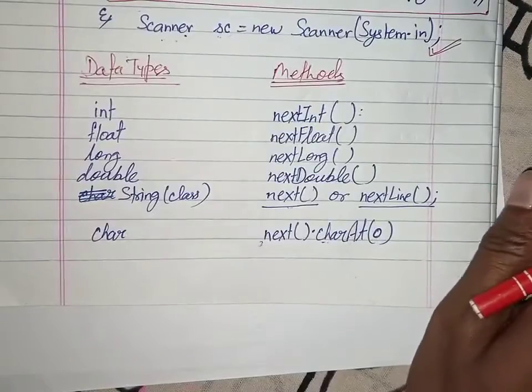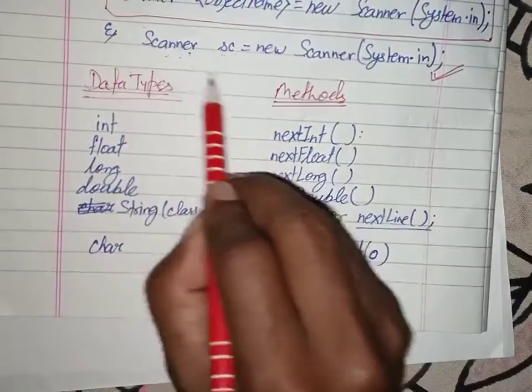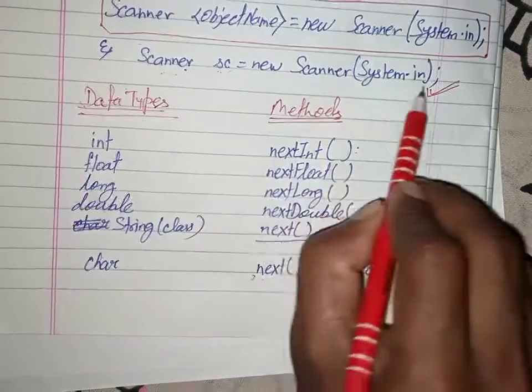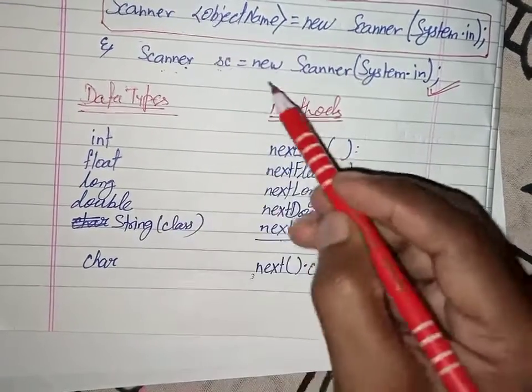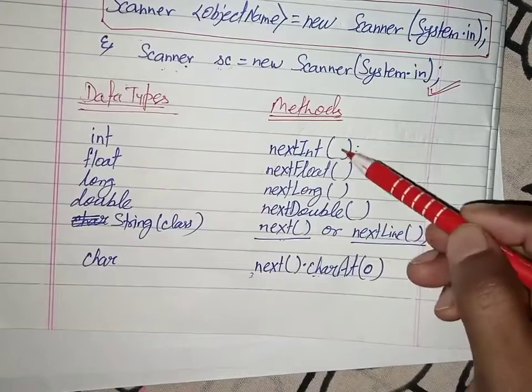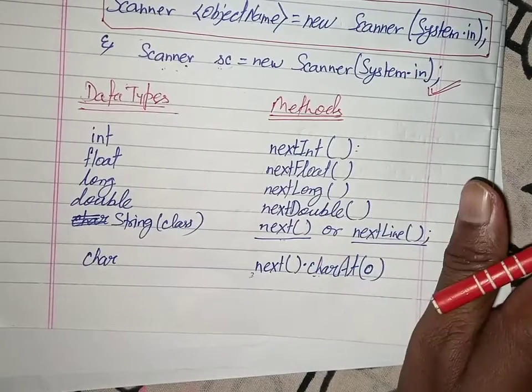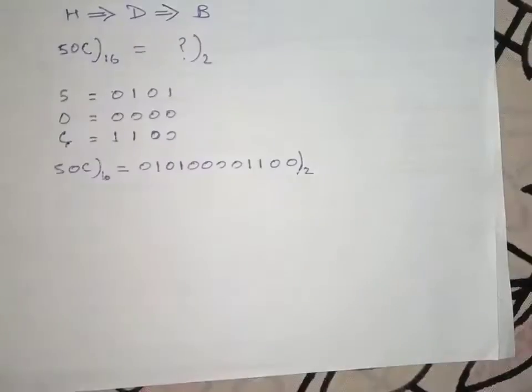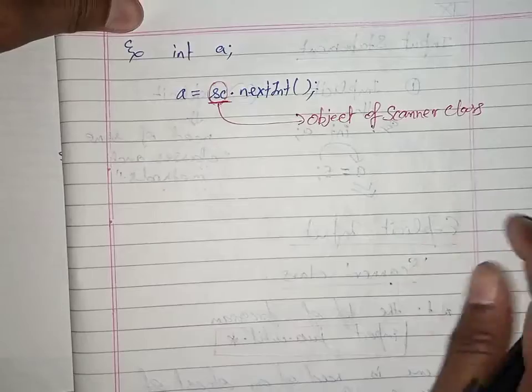It means once you write this statement in your program, you can use this sc many times for many methods. By this way you can perform different operations.